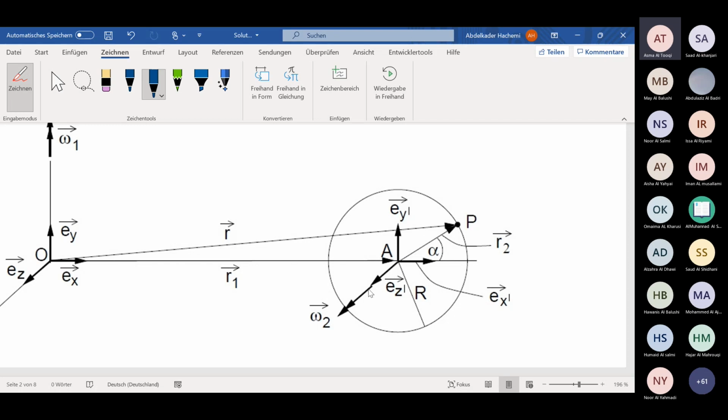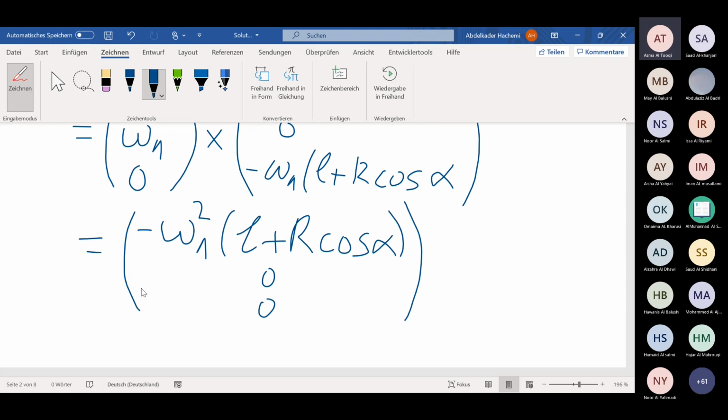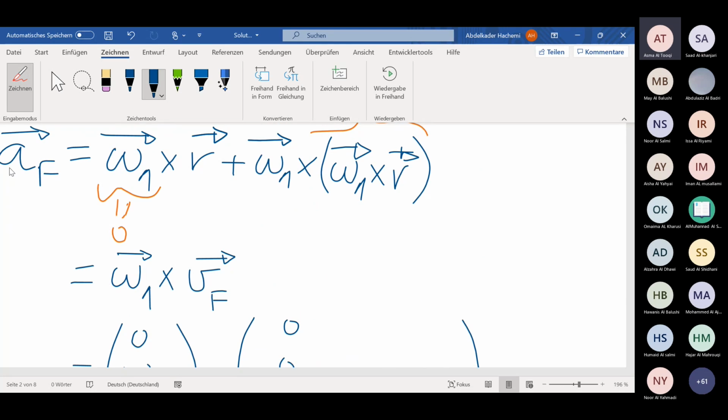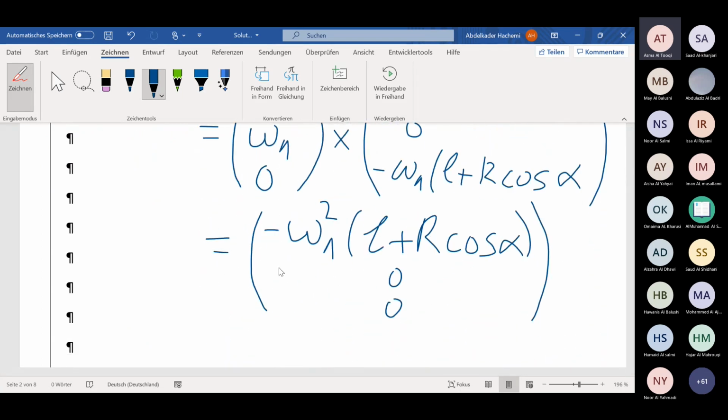Omega 2, of course, is along the z prime direction, and we have only now to make the component in each direction. Then we get here, as I said, AF, the frame acceleration, the following expression here.